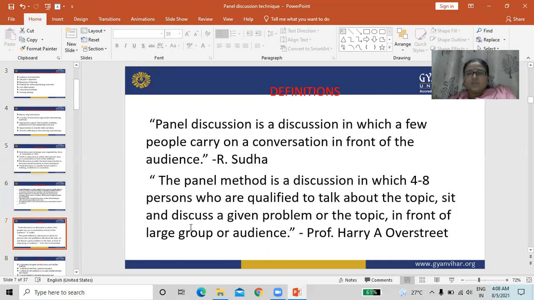R. Sudha includes two things: a few people carry on a conversation in front of the audience. It means the audience listens to the talk of the panel members.